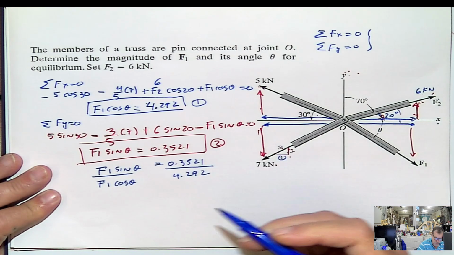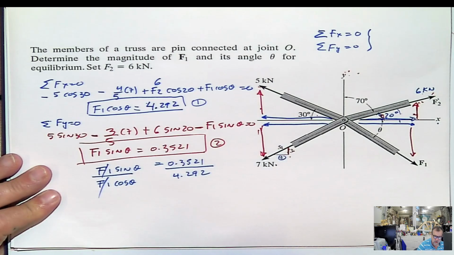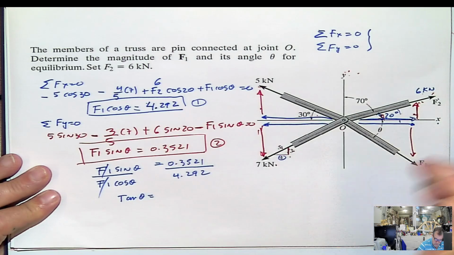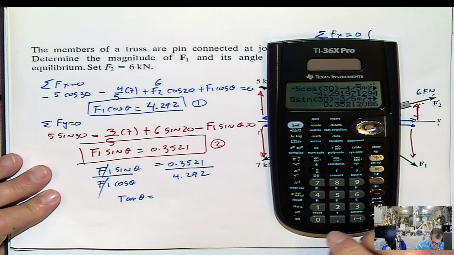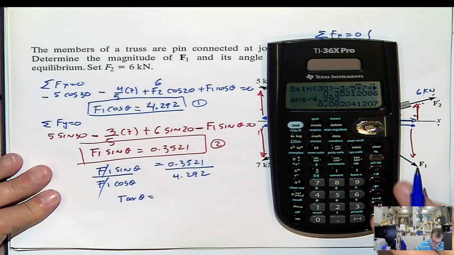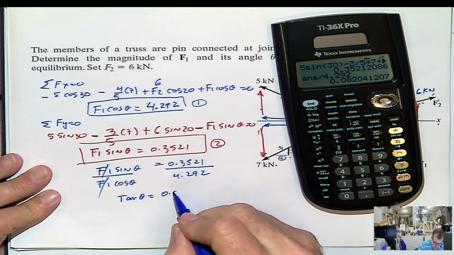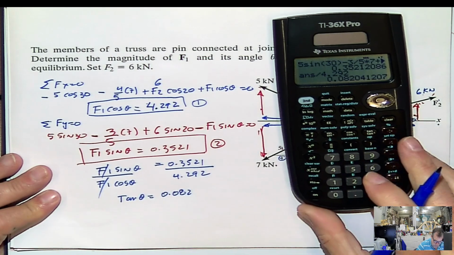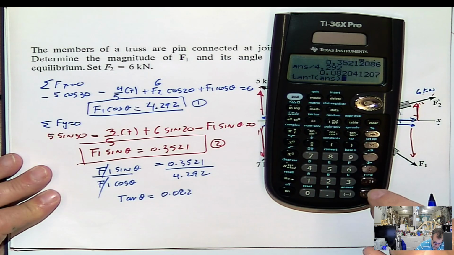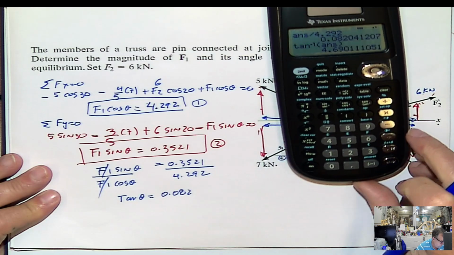Why do I do that? Because automatically these two cancel out, and then I have tangent of the angle equals 0.3521 over 4.292, 0.082, which means the angle will be the inverse tangent of that answer, and that will be 4.69 degrees.